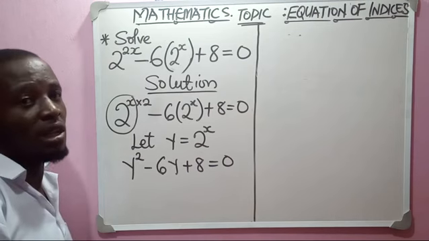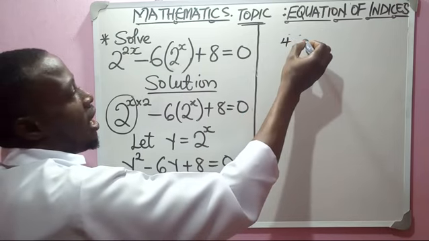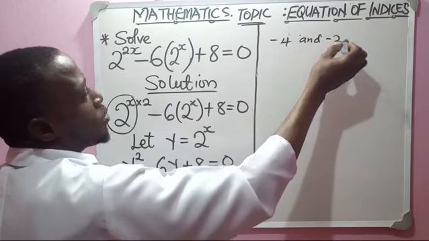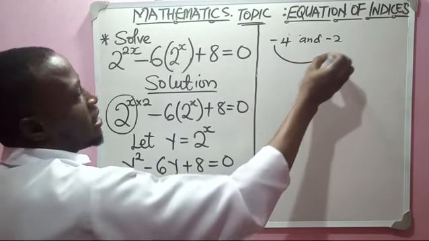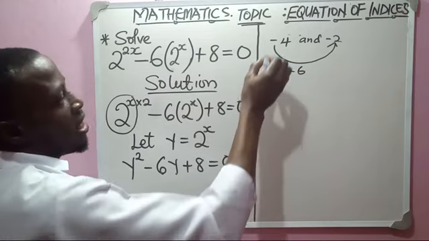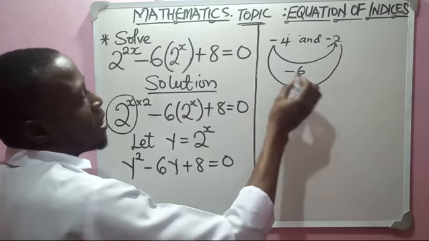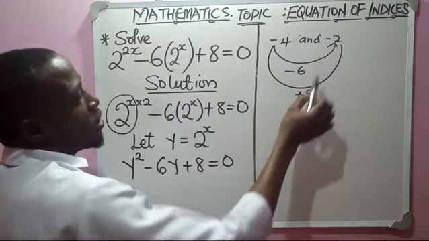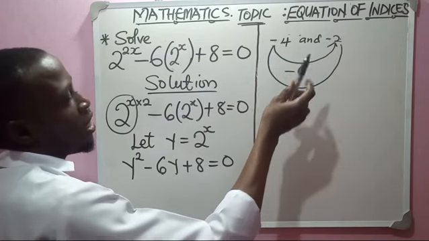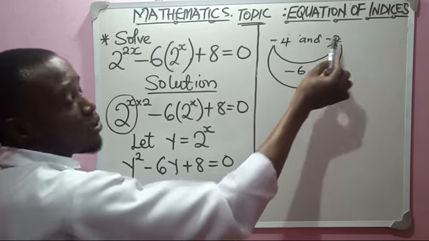The factors of 8 are minus 4 and minus 2. If you add these two together, you are going to get minus 6. If you multiply them together, you are going to get plus 8, because minus 4 times minus 2 will give you plus 8, and minus 4 plus minus 2 will give you minus 6. So the factors I'm going to be using are minus 4 and minus 2.